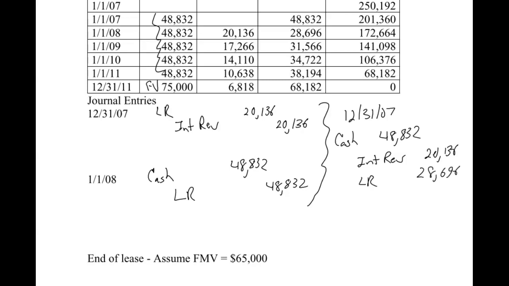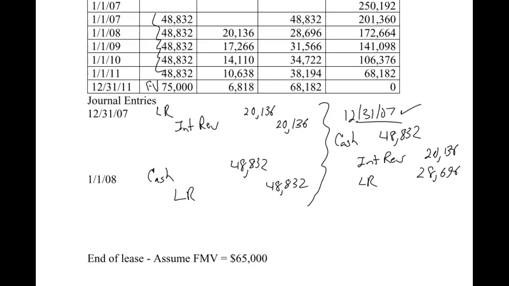A lot of books do it this way, and it just saves you a little bit of time doing it all in one journal entry. So just be aware of that. Make sure you understand what's being asked of you in your problem. I like showing the accrual side, but a lot of times they do this side just to speed things up, especially on the lessee side as well.